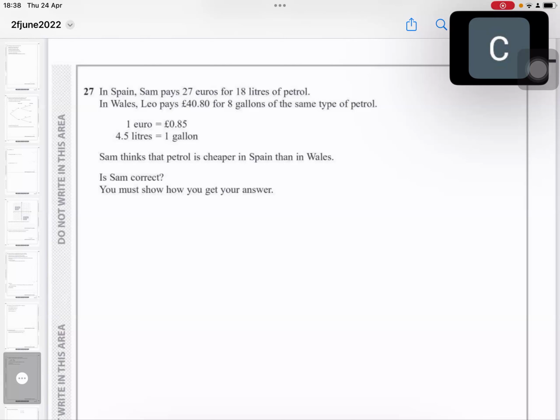That's 1.28, isn't it? Yes. So I guess Sam is not correct. Yes, petrol is actually slightly more expensive per liter in Spain than in Wales. Okay, so there you have your answer.